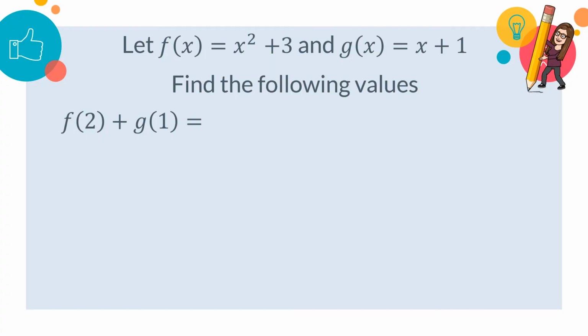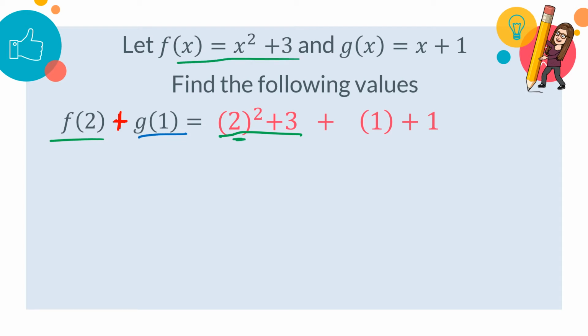Oh, look at this one. This one shows two functions, but in the end, we're going to add them together. So temporarily, let's treat it like one problem and a different problem. I'm going to call it the green problem and the blue problem. So the green problem says pick the f function and plug in 2. F plug in 2.